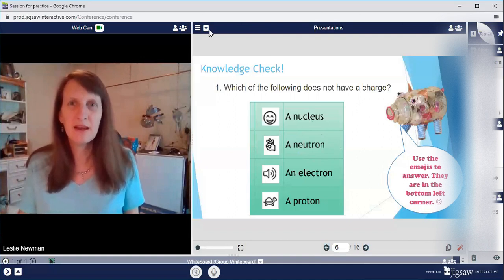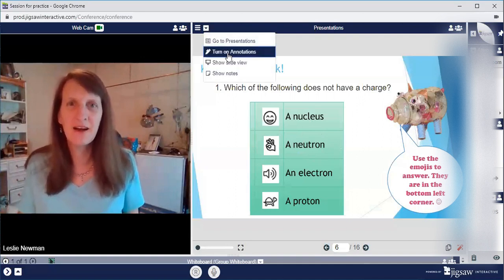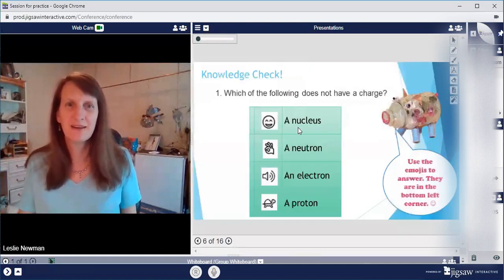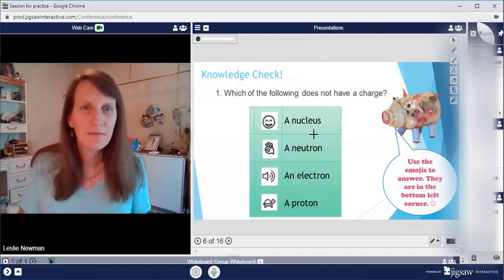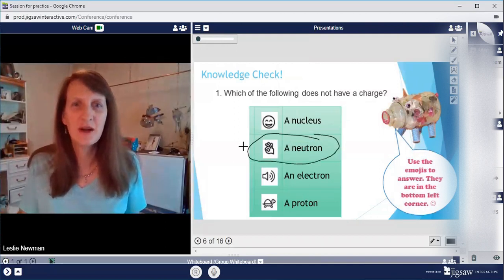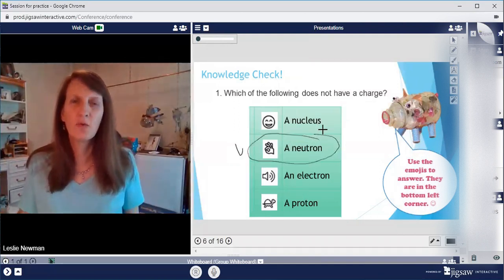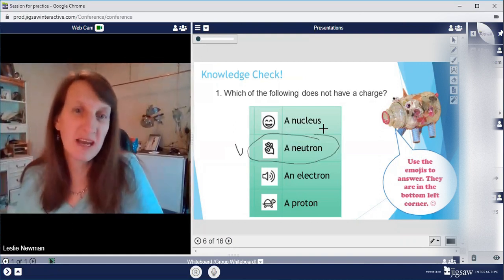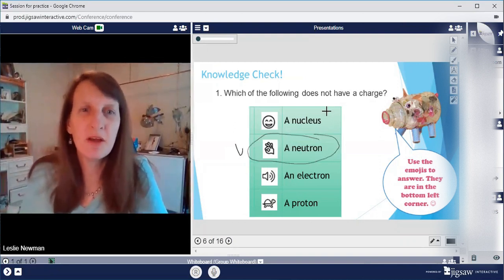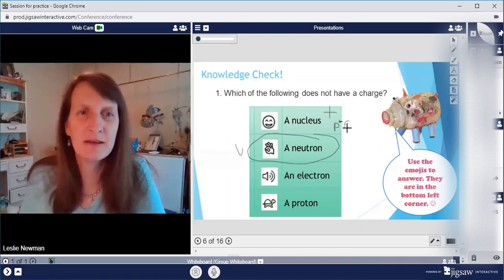And I think I can actually annotate on here. I can. Cool. Okay, so the correct answer is the neutron. So why isn't it a nucleus? Because nucleus was the second most common answer. But a nucleus is actually positive because a nucleus contains protons and neutrons.